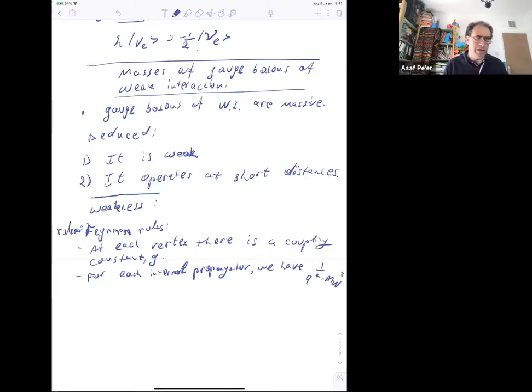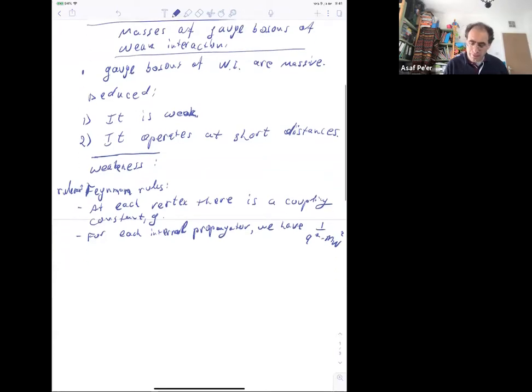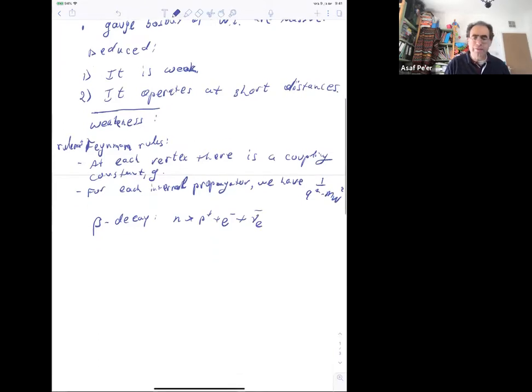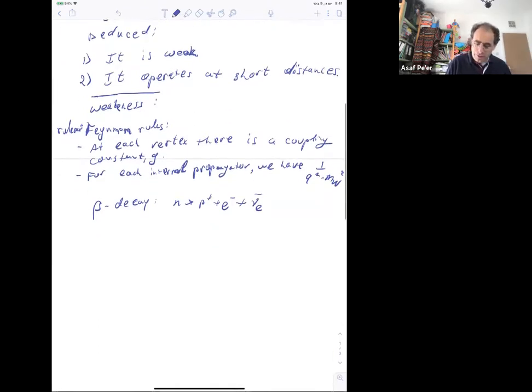So if I look at a typical weak interaction, neutron beta decay, a neutron goes into a proton plus an electron plus an antineutrino. If I draw the Feynman diagram, a neutron is made of two down quarks and one up quark.